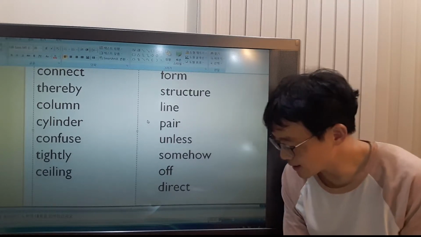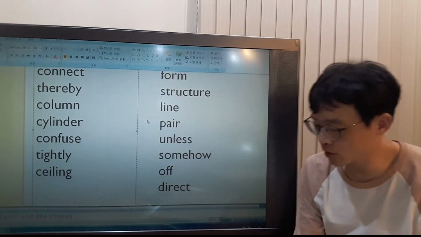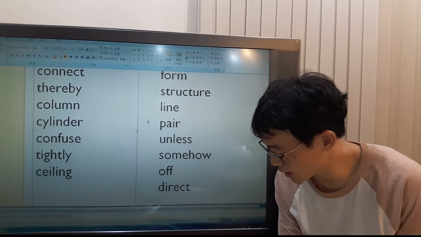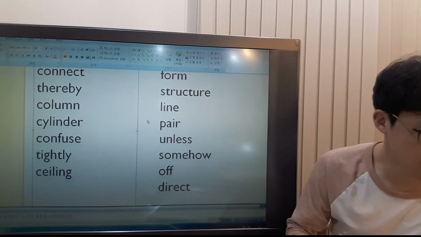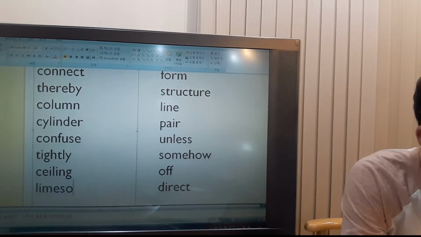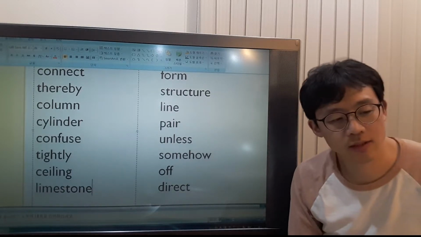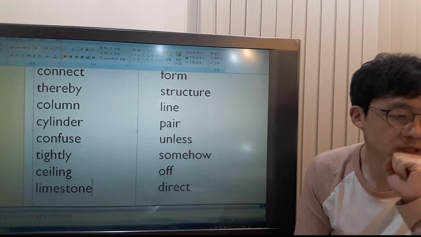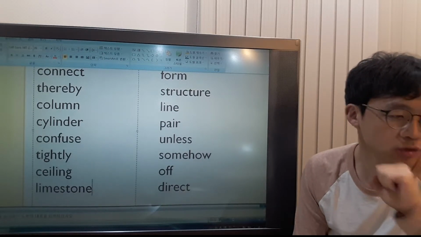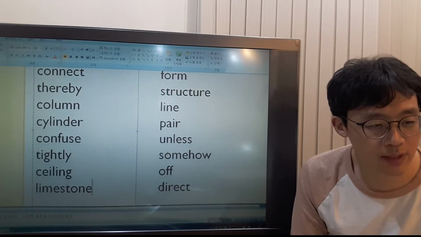Okay, stalactites and stalagmites don't form in all caves. They only grow in limestone caves. What is a limestone? Limestone is a whitish colored rock used in building or making cement.